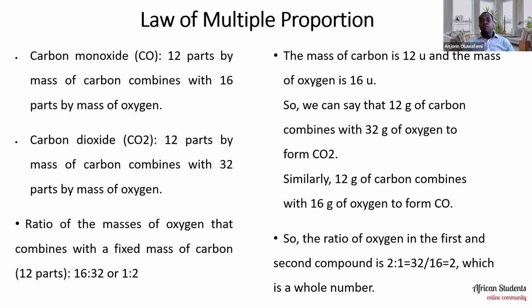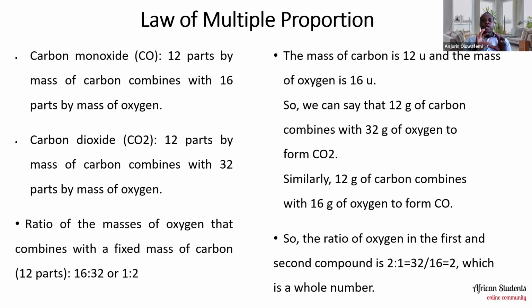So 12 parts by mass of carbon combines with 16 parts by mass of oxygen. Okay, that's for carbon monoxide. Now for carbon dioxide, CO2, what we have operating there is 12 parts by mass of carbon combining with 32 parts by mass of oxygen.